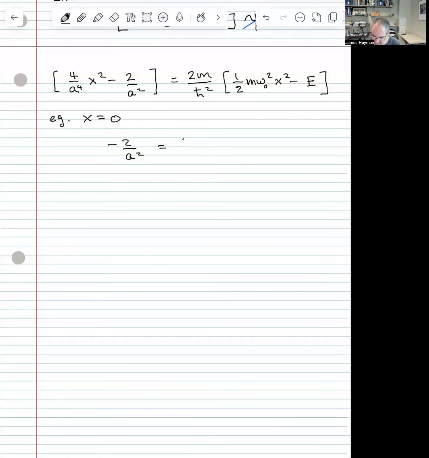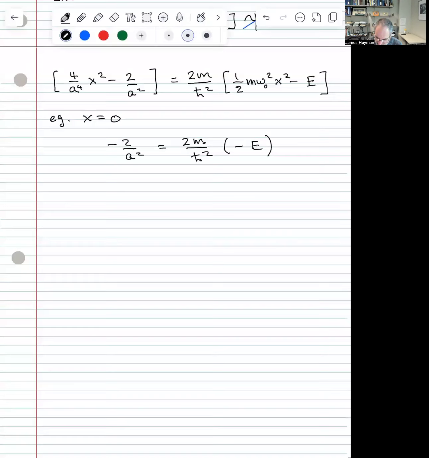And on the right-hand side, we have 2m over h bar squared times minus E. Okay? Really, what we've established is that terms in each order on each side of the equation have to be the same.